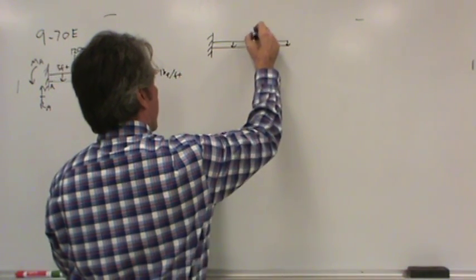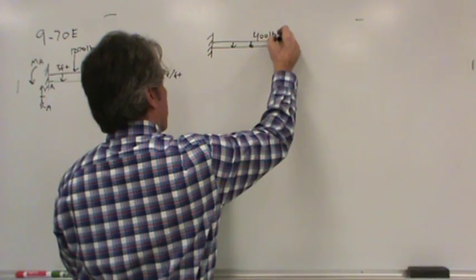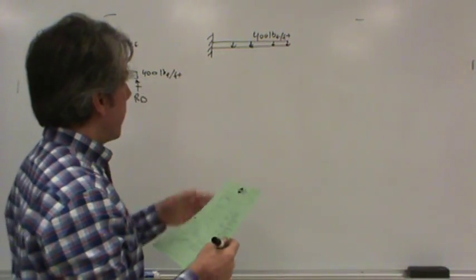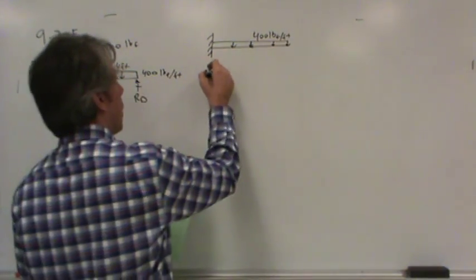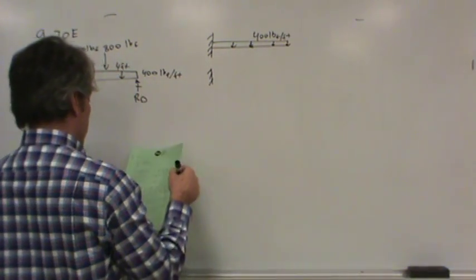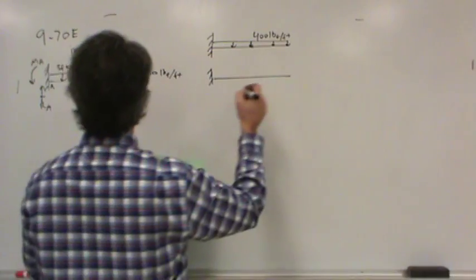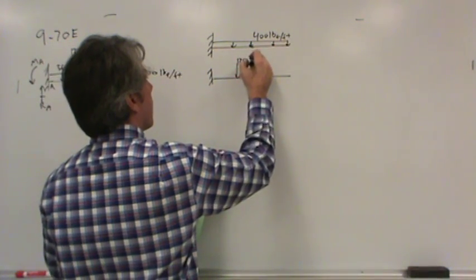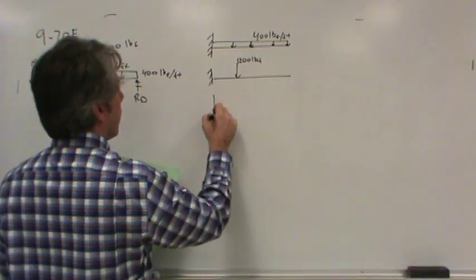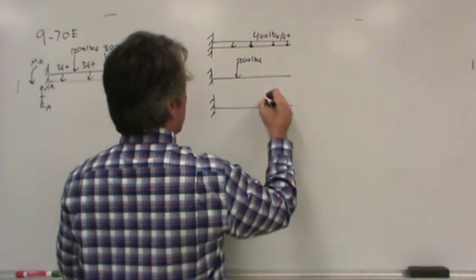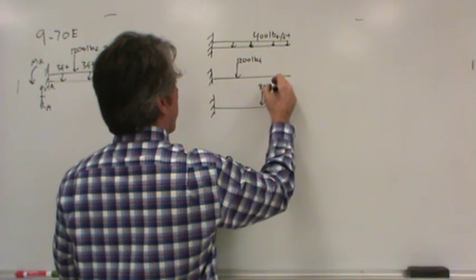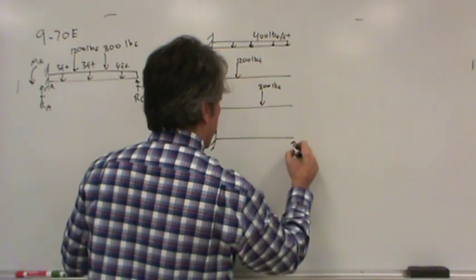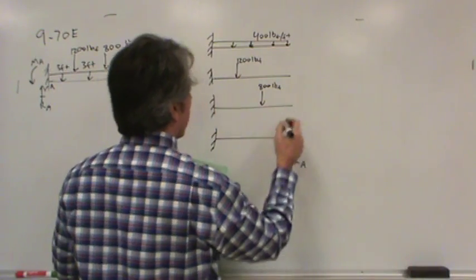So this 400 pound per foot load is one load. The next one will be the 1,200 pound point load. Then the 800 pound point load.